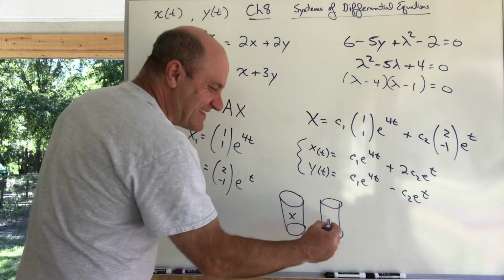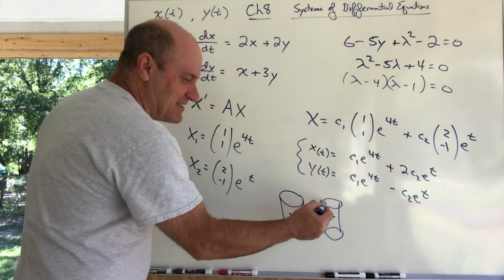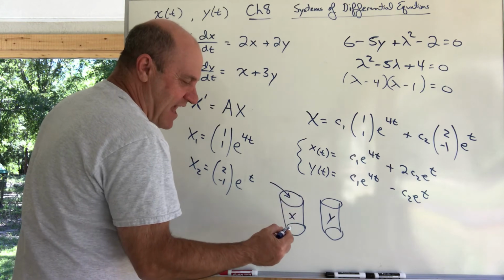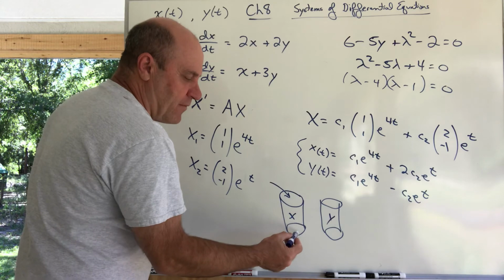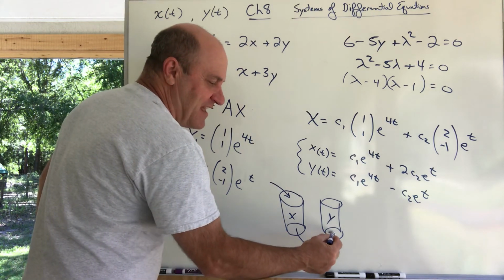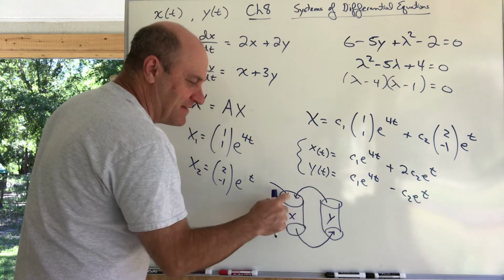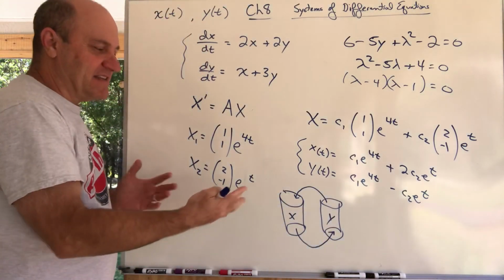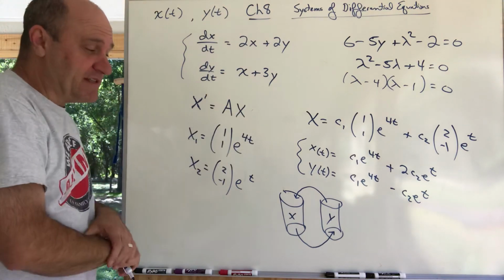There's tank X and there's tank Y. And maybe we're putting some stuff into X. We're draining X, but when we're draining X, we're putting it into Y. And when we're draining Y, we're putting it into X. So this is a nice example, and especially if we had 3 tanks, then we could do a 3x3 scenario.